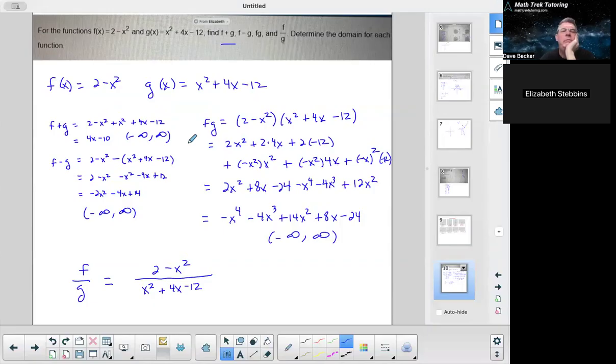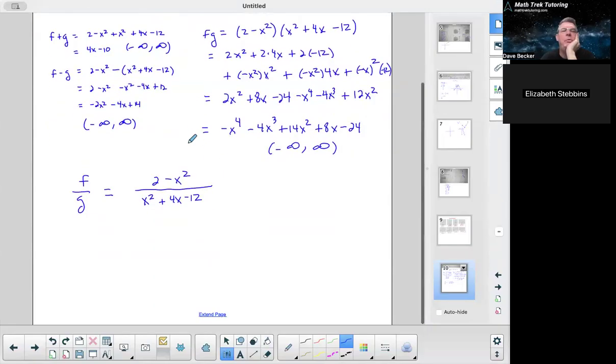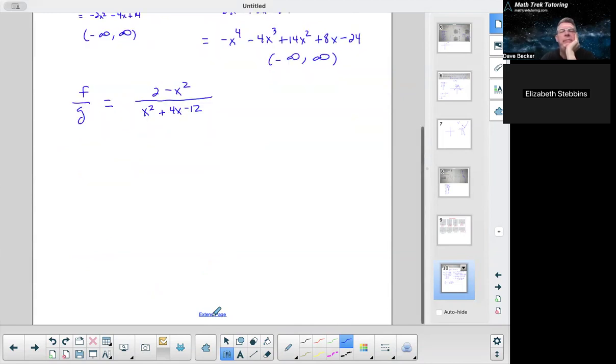So we're going to have to do, do you remember doing long division with this nonsense? Kind of. I think I remember him talking about it. The reason is this is not factorable because that's not a perfect square. If it was, it would be factorable.